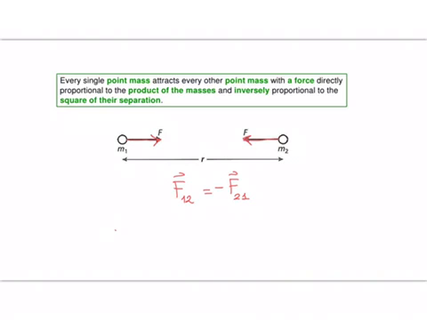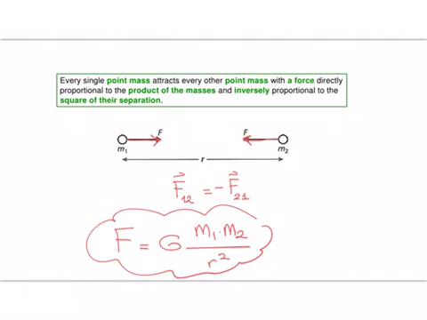And according to Newton, this force is equal to a gravitational constant times the multiplication of the masses, inversely proportional with the square of the distance between them.